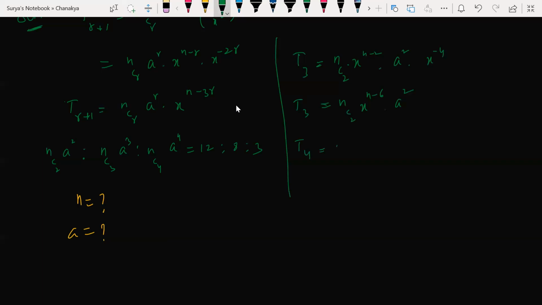What is T4? NC3 x to the power of n minus 9 into a cube. T5 is equal to NC4 x to the power of n minus 12 into a to the power of 4.